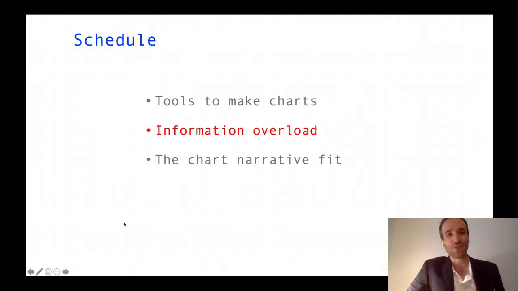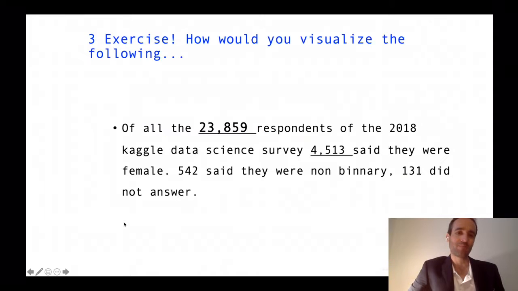In this section, we're going to talk about information overload by way of example. So here's a challenge for you. This is real data. As you know, Kaggle.com, which is a data science community website owned by Google, every year they send a survey to all the community.